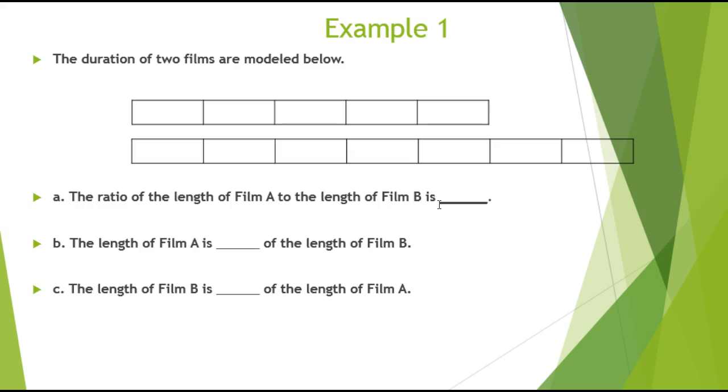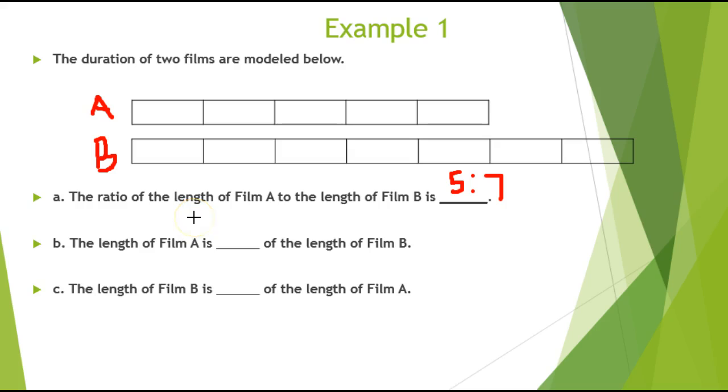Let's look at the solution for example 1. So we already said that the first tape diagram of 5 represents A, and the second one of 7 represents B. So A part, the ratio of the length of film A to the length of film B is 5 to 7.